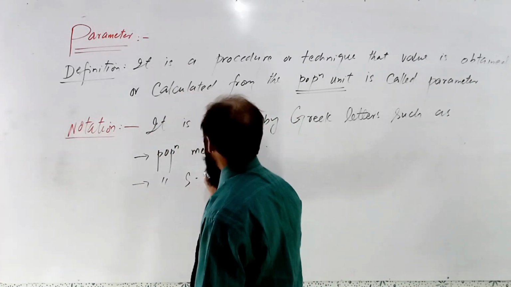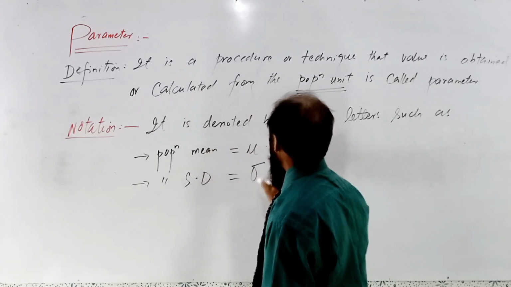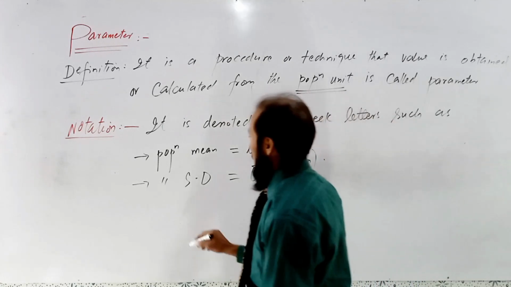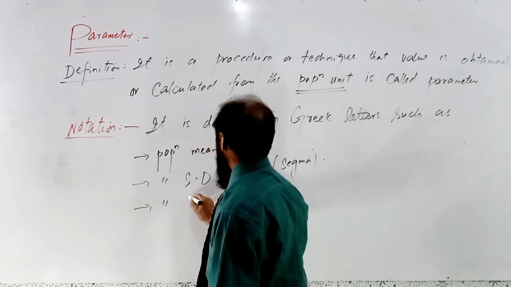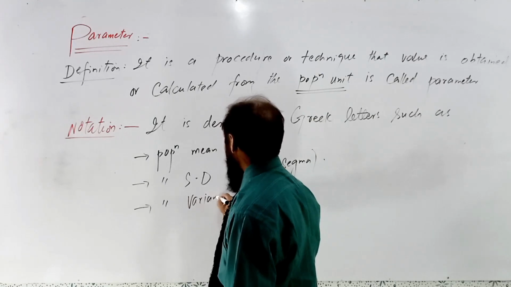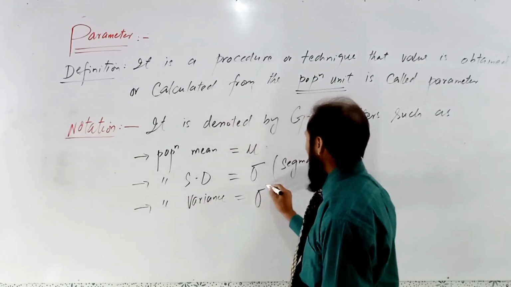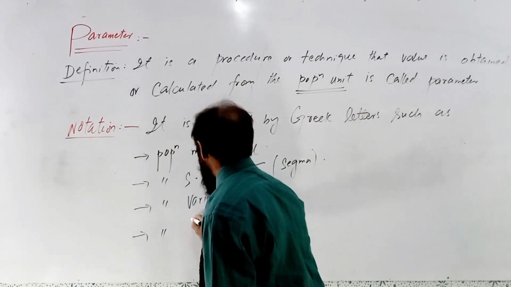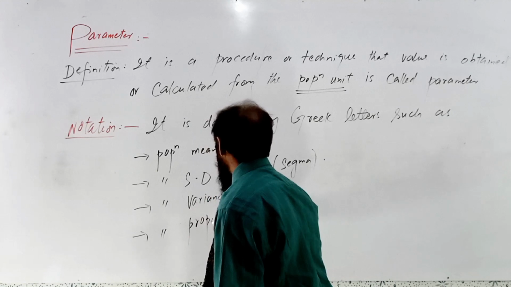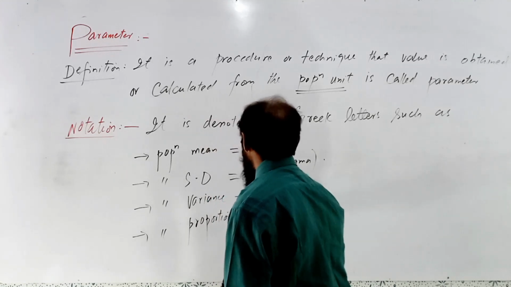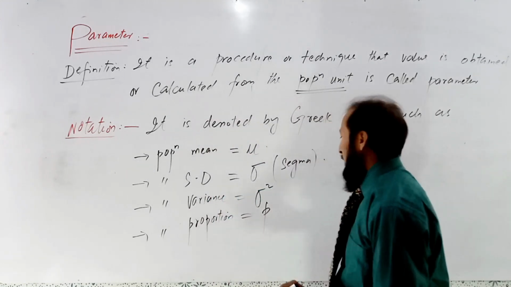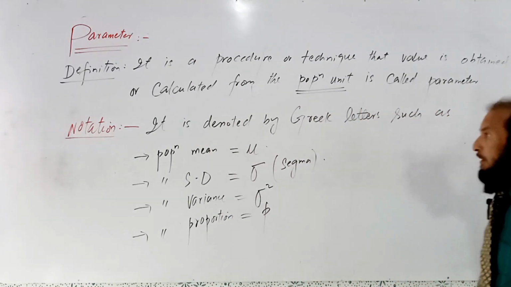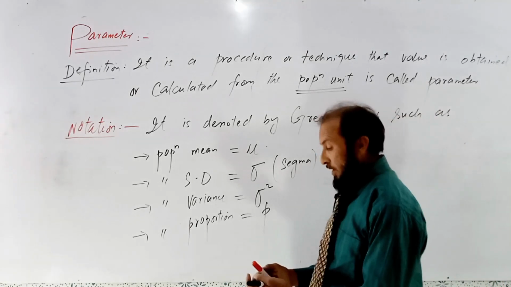Population standard deviation, the notation is sigma. Population variance, we represent as sigma square. Similarly, population proportion is small p, etc. These are the notations; we represent parameters symbolically.